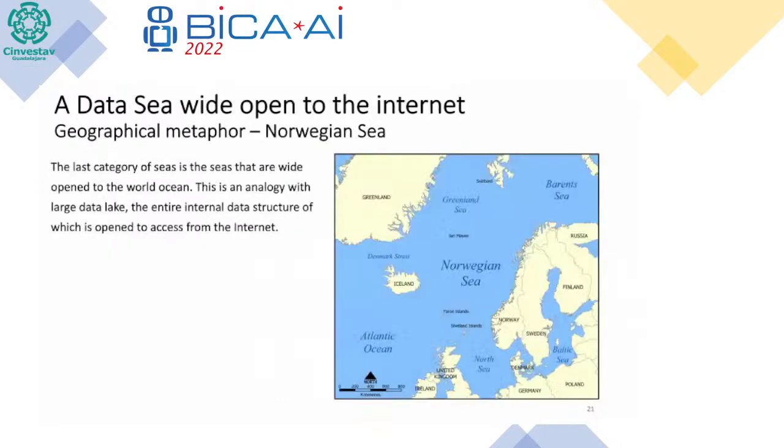And the last geographic metaphor is a data sea wide open to the internet, for example, the Norwegian Sea. This is the last category of seas, seas that are wide open to the world ocean. This is an analogy of a large data lake, the entire internal data structure of which is open to access from the internet.